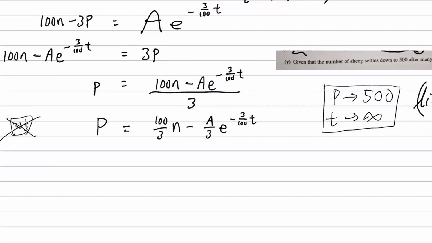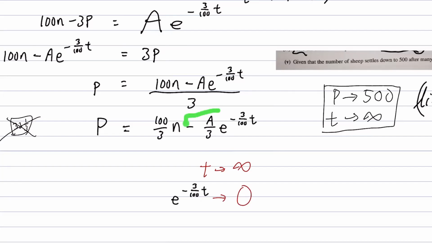Study it. What happens when t goes to infinity, meaning it goes to 100, 1000, 10,000, becoming very, very big? What happens to e to the power of this? It tends towards 0, exactly. So as t goes towards infinity, this part goes towards 0.